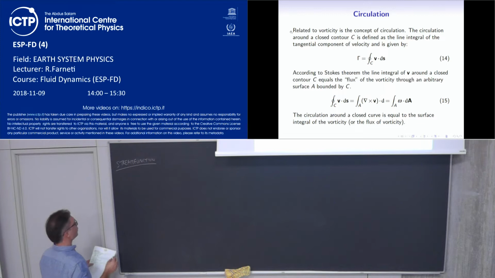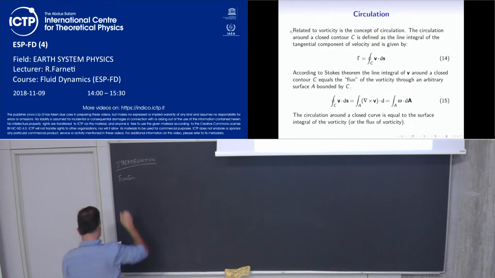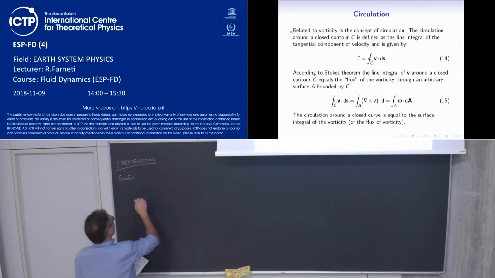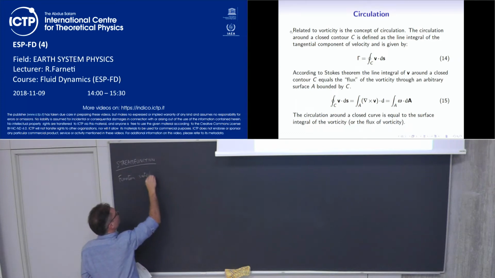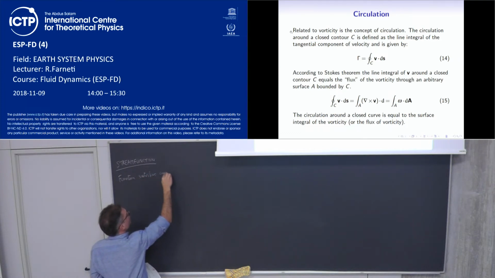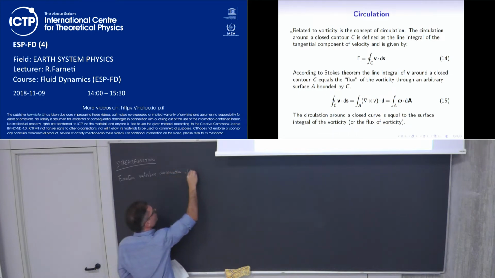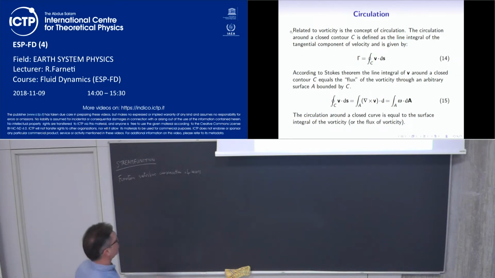So what we do is we define a function that we are going to call, well, we're not going to call it yet. We want to define a function that satisfies conservation of mass. We're going to start all the conservation laws next time, but we can anticipate a couple of things today in order to derive the stream function.